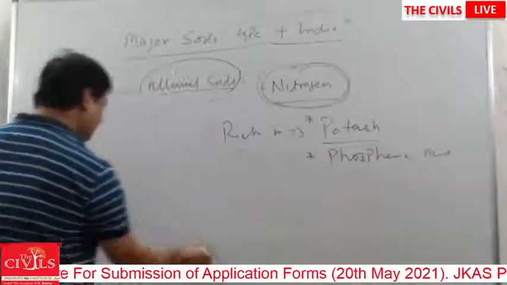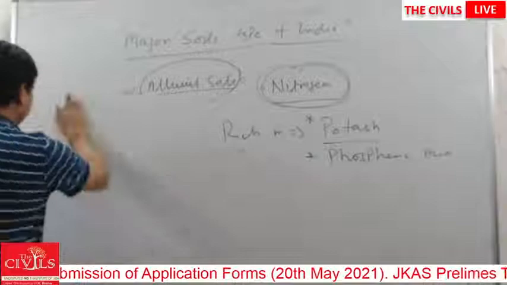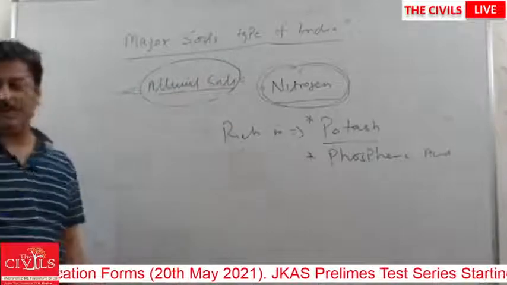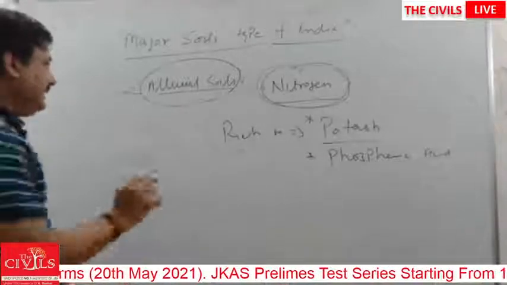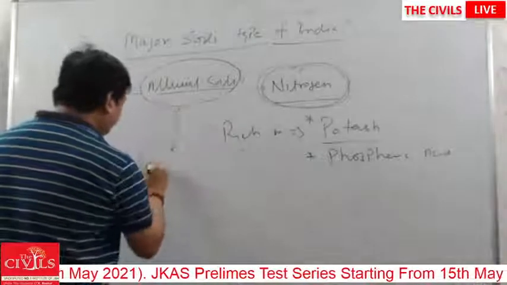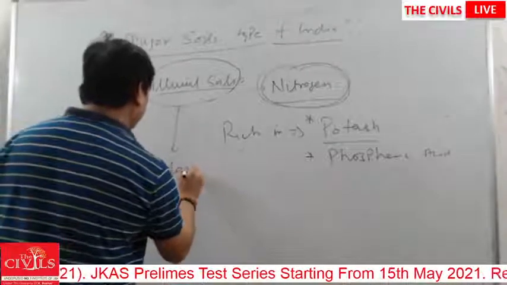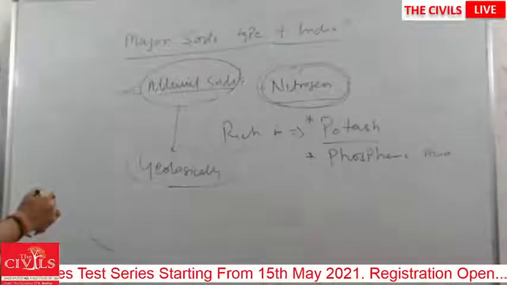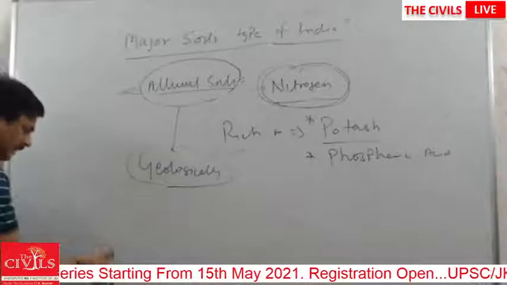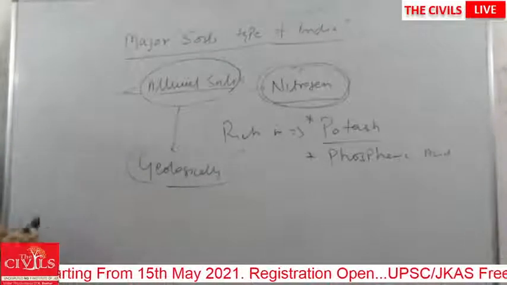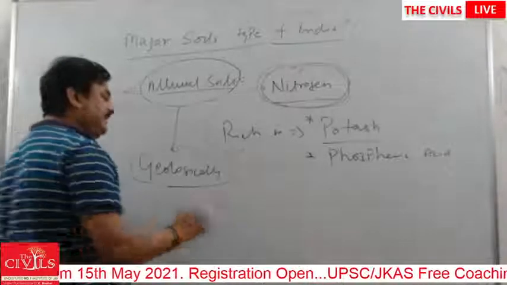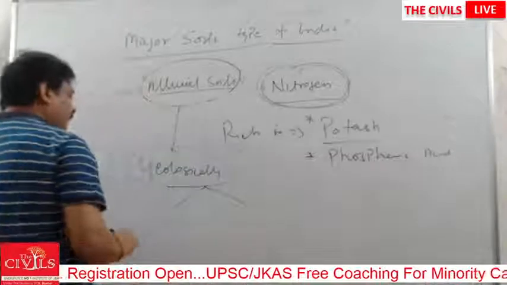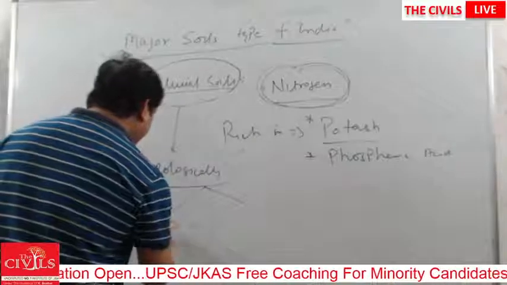Okay. Now, geologically, that means on the basis of time period, on the basis of age, alluvial soil is divided into two groups: Bangar and Khadar.